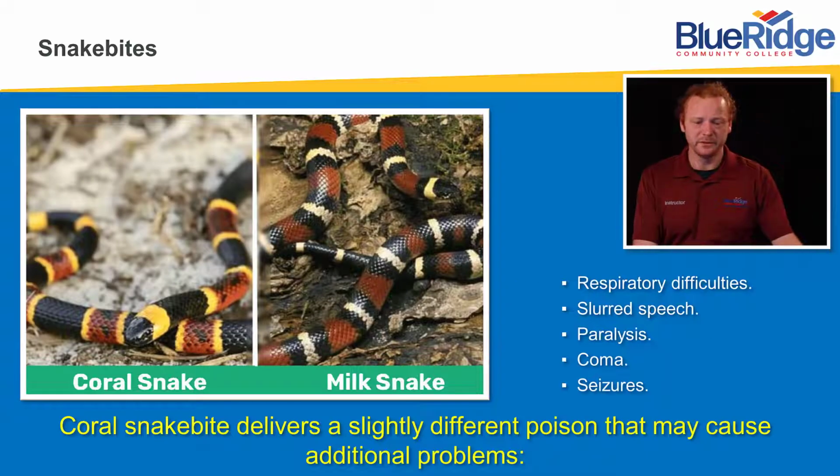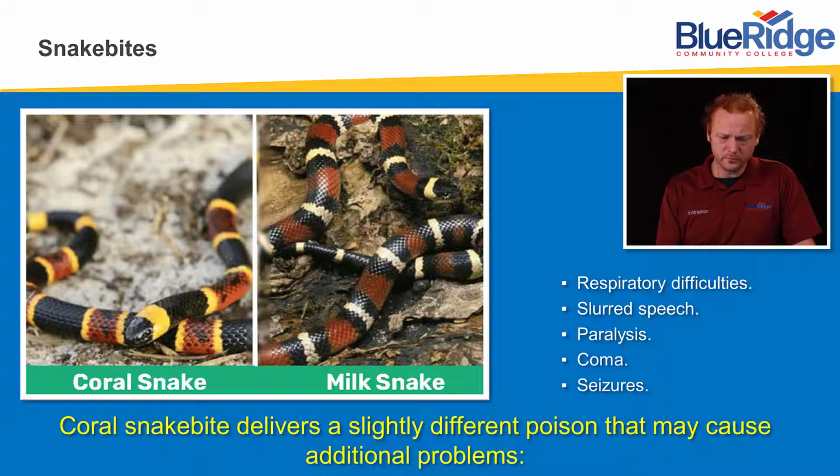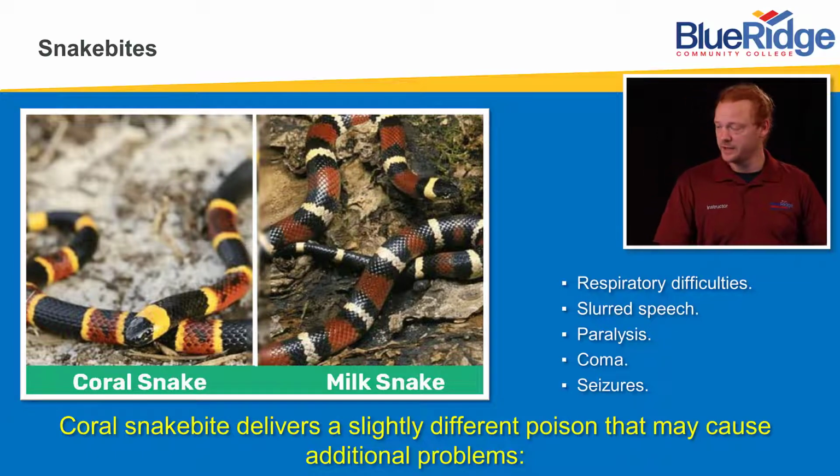Coral snake bites deliver a slightly different type of poison that may cause these additional problems: respiratory difficulties, slurred speech, paralysis, coma, and seizures. Here's an example of a coral snake, which is the venomous variety, and then a very similar looking milk snake.